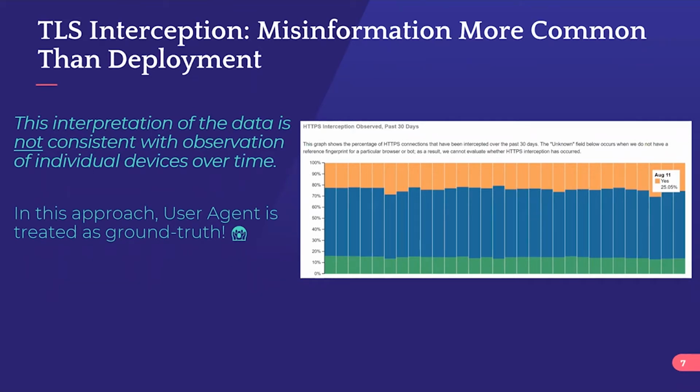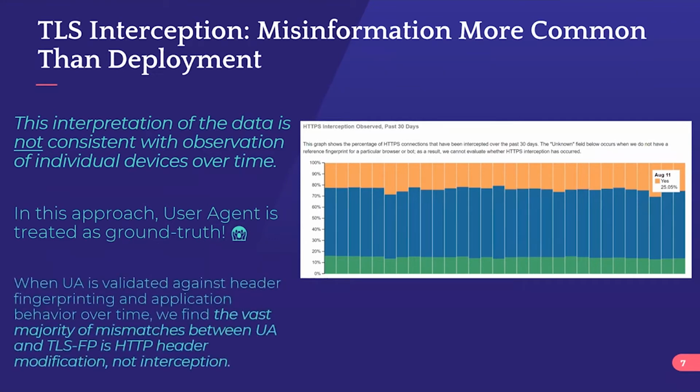Now let me look at the user agent and see if these things match up. If they don't match up, then we can derive that the session has been intercepted, that there's something in the middle that has re-encapsulated the request in a TLS session with a different fingerprint. And you know what? I wish user agents could be that accurate.